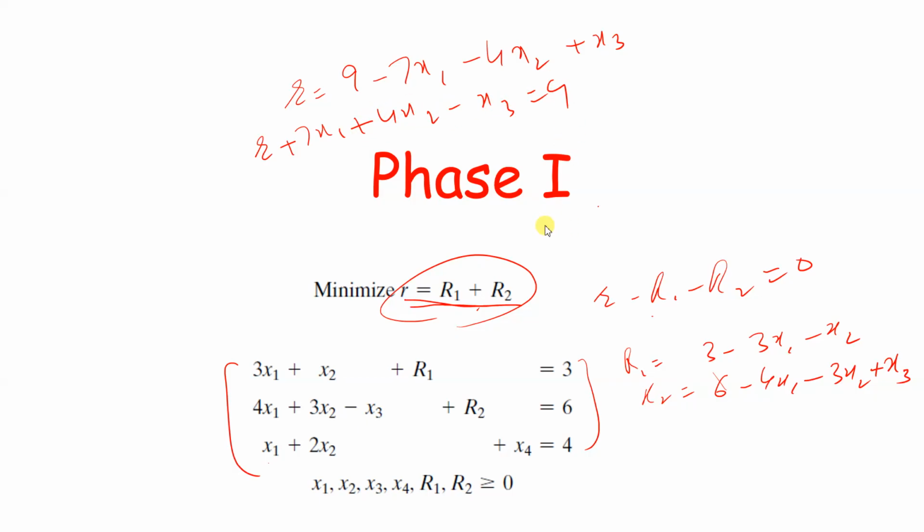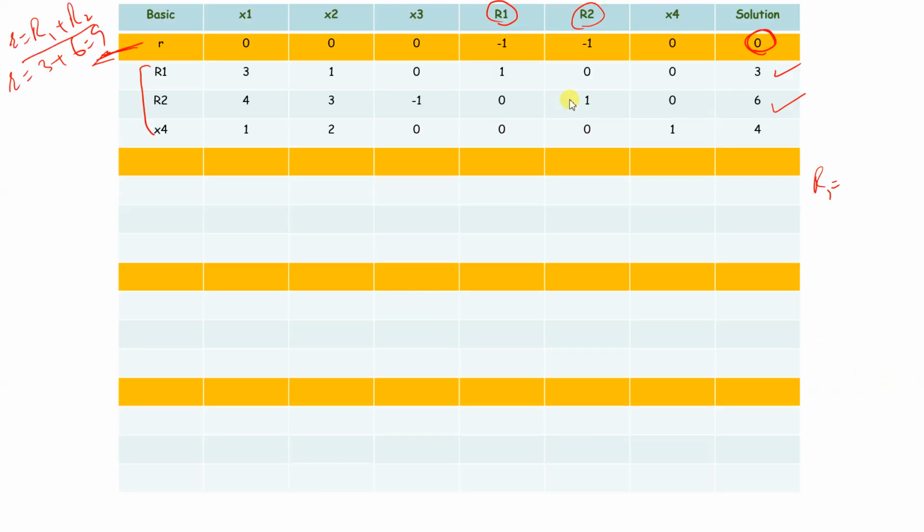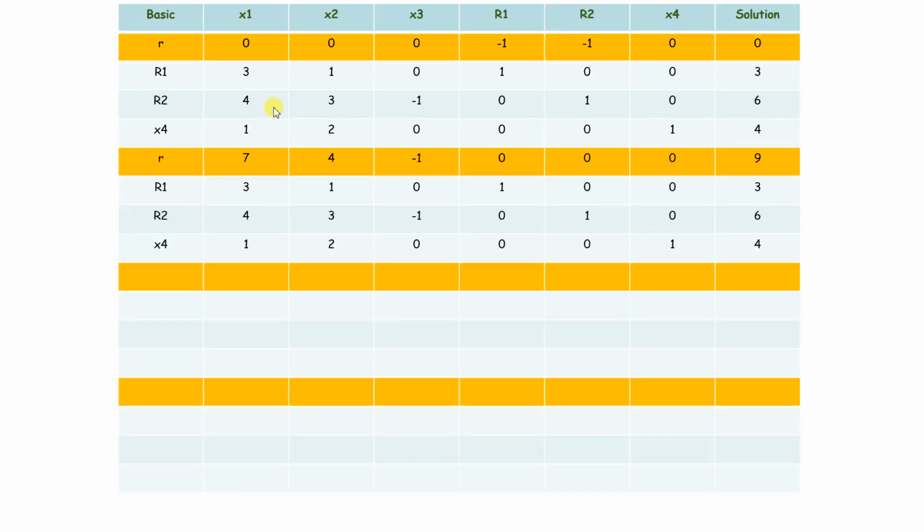Now this is our new R row. Here must be 7, 4, negative 1 and 9. This is the new row: 7, 4, negative 1, and the rest of the variables have 0 coefficient, and we have 9 as the solution. So now this is consistent with these initial basic variables.